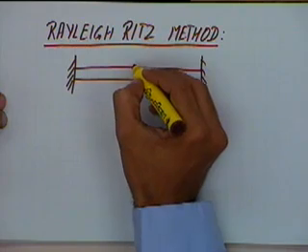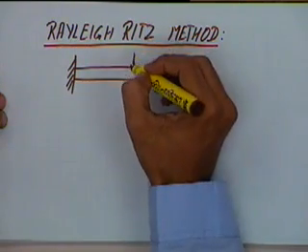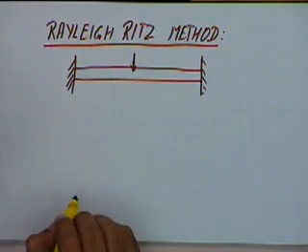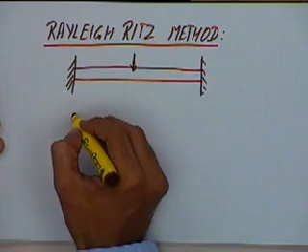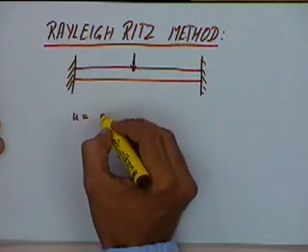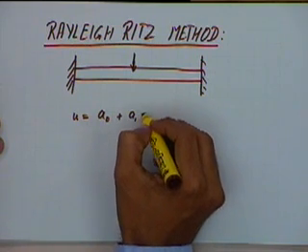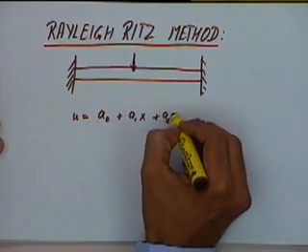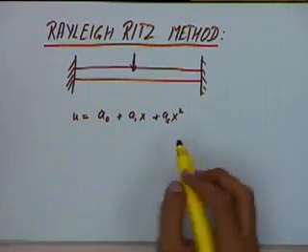If you have an object like this or a beam like this with a central loading, let us assume that the deformations in the vertical direction are given by this equation. This equation may or may not be correct.